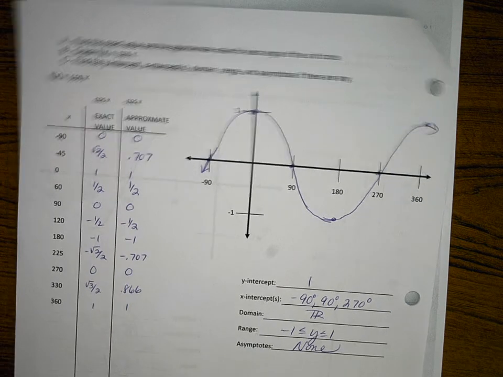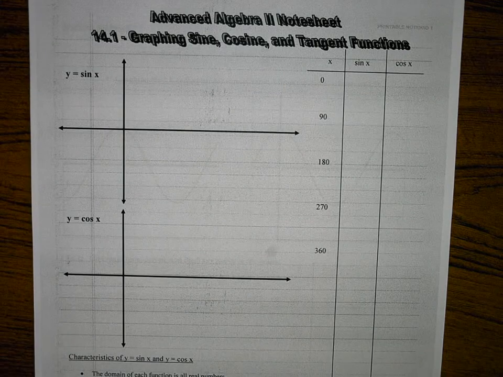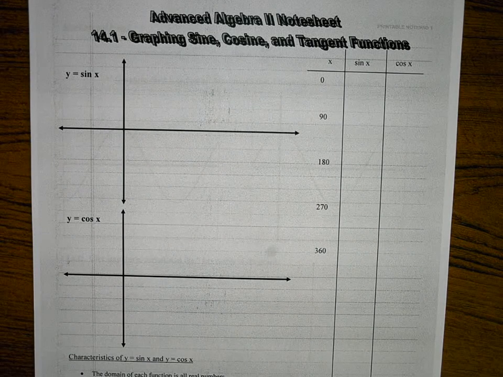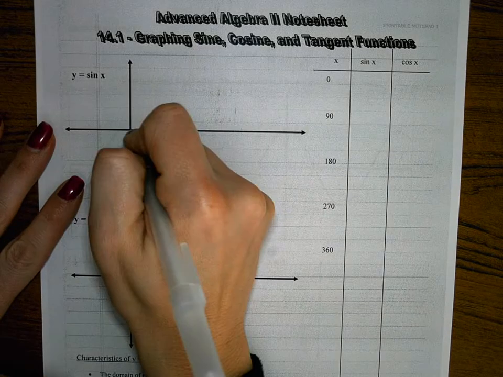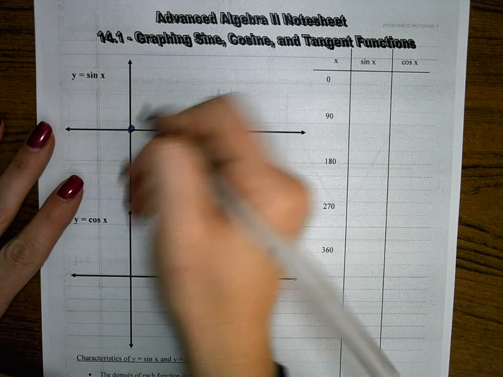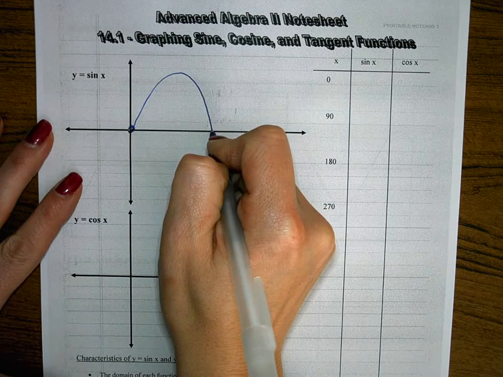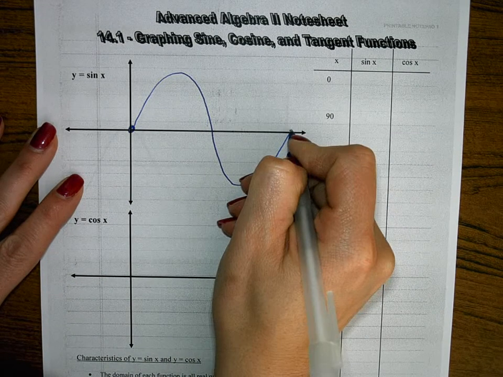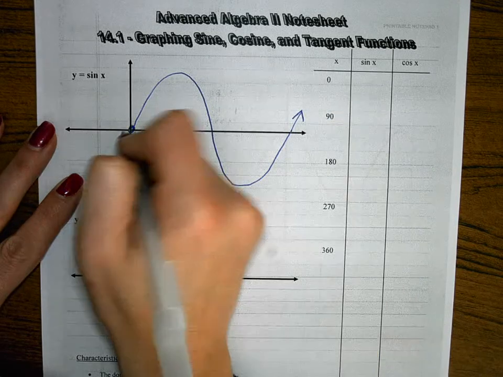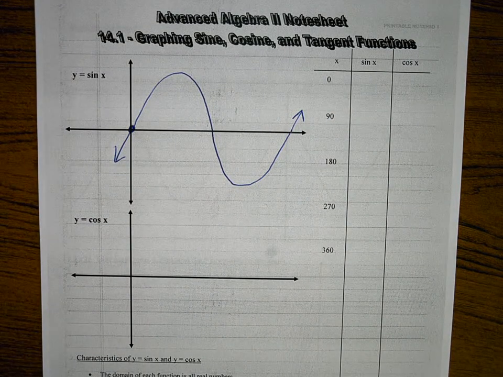All right, now let's have a little bit more discussion about some things with sine and cosine. So, hopefully we realize that my sine graph starts here, it goes to the top, it comes back down to the x-axis, it goes down to the bottom, and it comes back up to the x-axis. And then I'm going to put arrows on the ends because it happens over and over again.